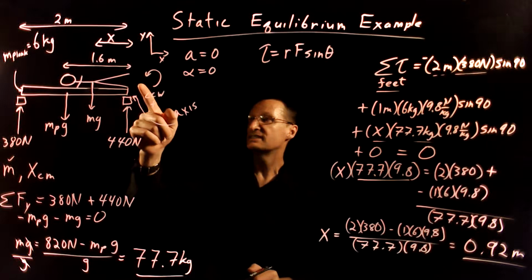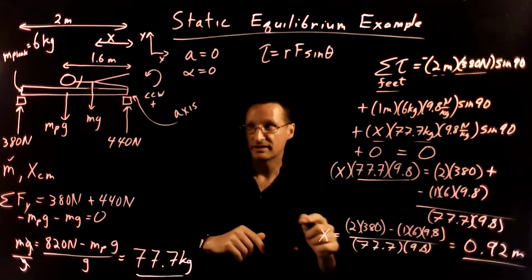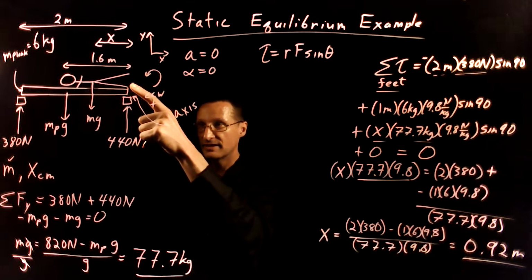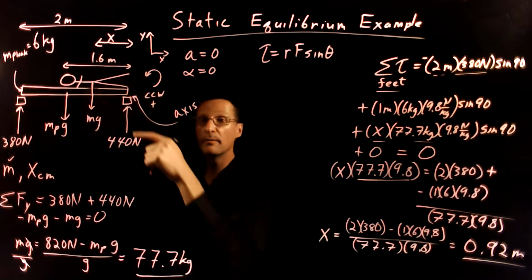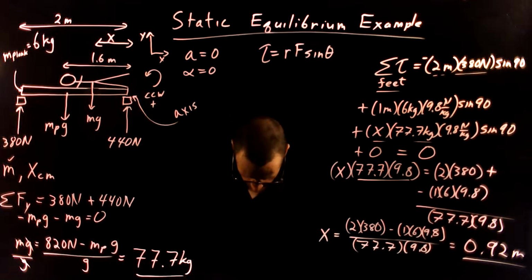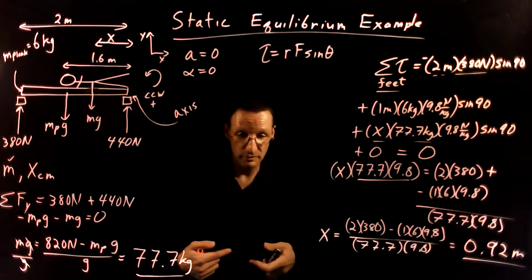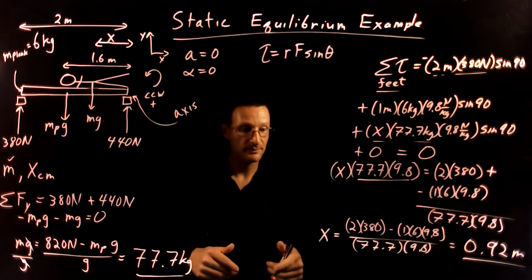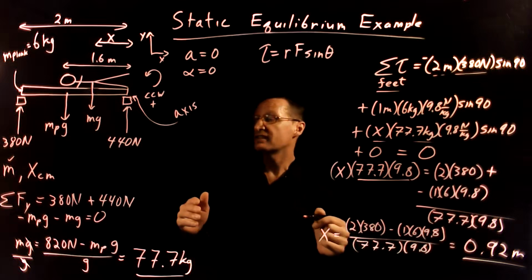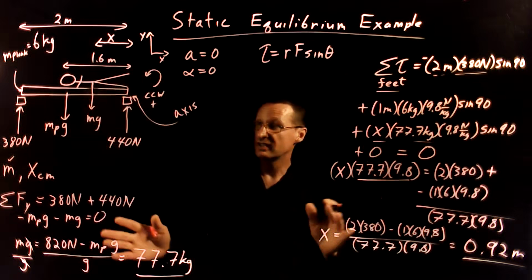I need to interpret this. It tells me that the center of mass is 0.92 meters from their feet. So if they're standing up, the center of mass would be about 92 centimeters above their feet.